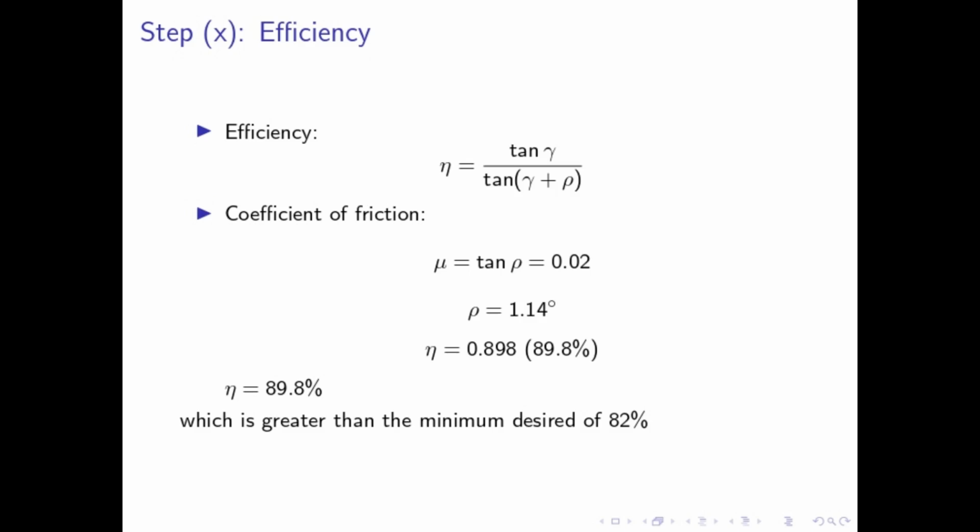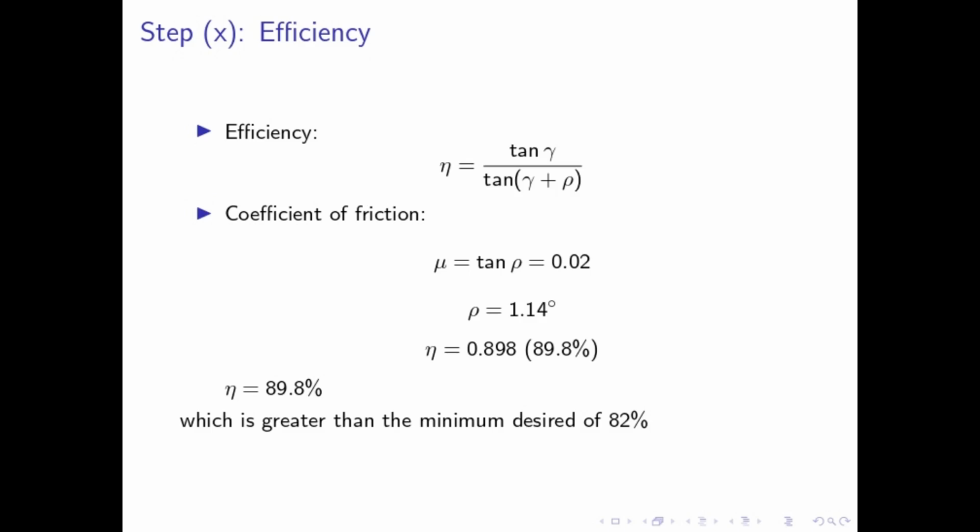Next step 10, for calculating efficiency. On page number 8.49, there is a formula, efficiency eta equal to tan gamma divided by tan gamma plus rho. Tan gamma already we calculated as 10.3, and rho value we have already. Rho is obtained using the graph, on vertical line mu equal to tan rho.